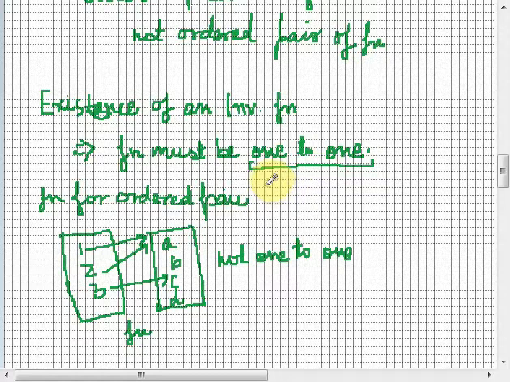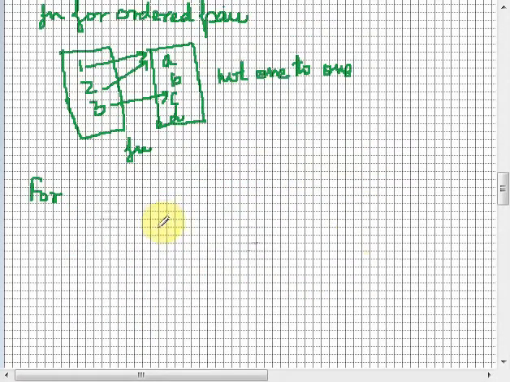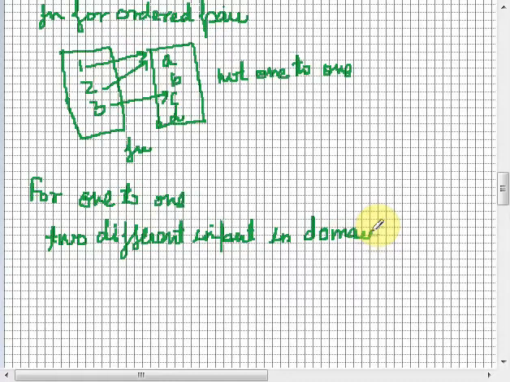What it says is, for a one-to-one function, two different inputs in the domain correspond to two different outputs in the range.